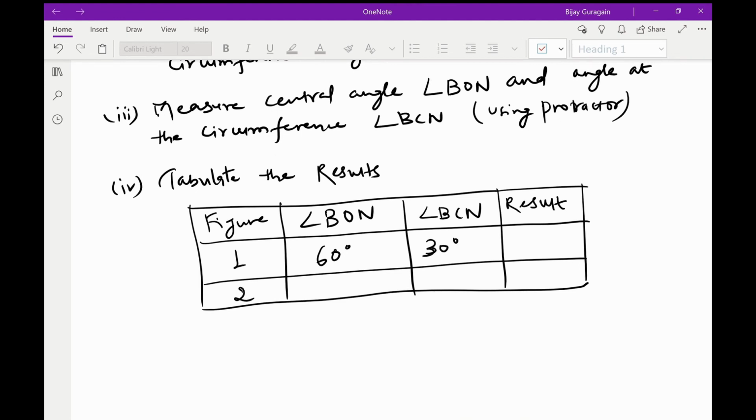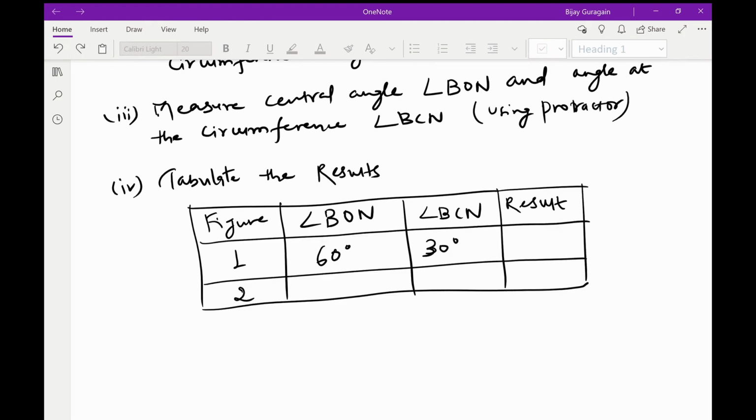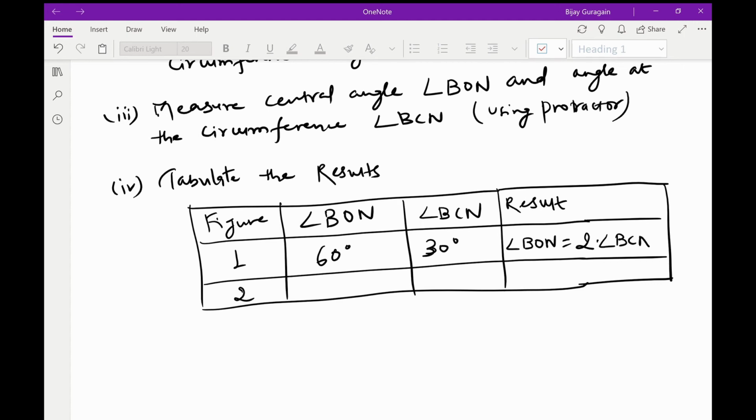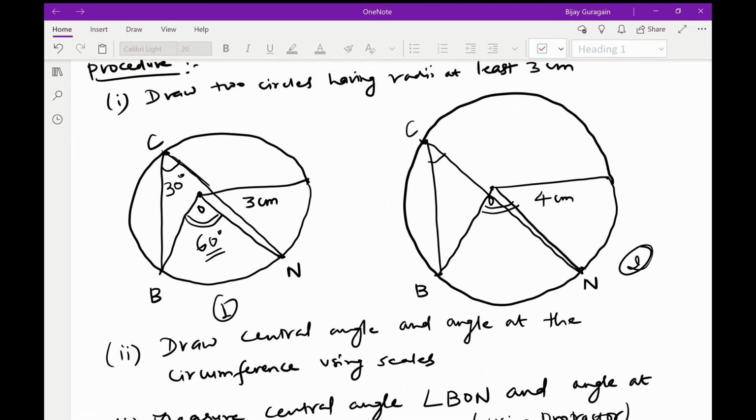So our result is, let us make this a little bigger. Let us erase this part. Now let me make this one bigger. So here angle BON is 2 times angle BCN, right? Similarly in second figure, if you use protractor to measure the angle BON, let's assume you got 100 degree.